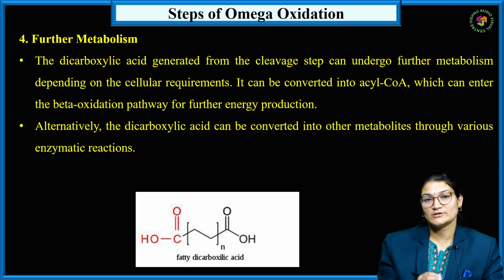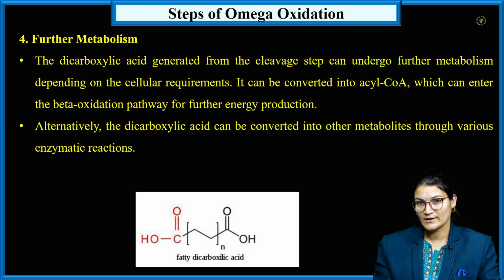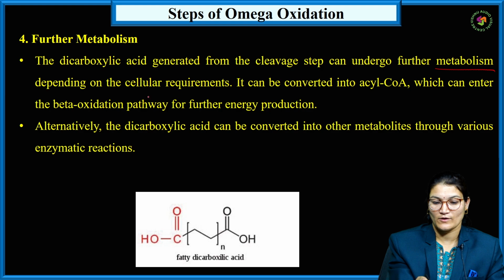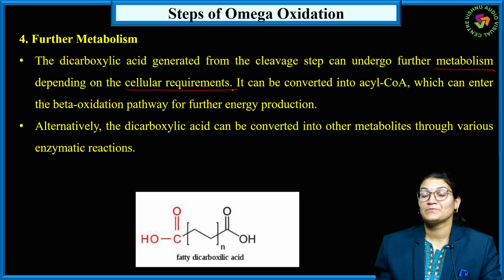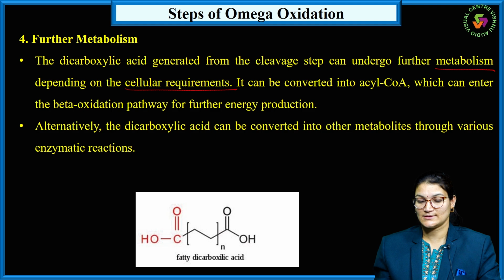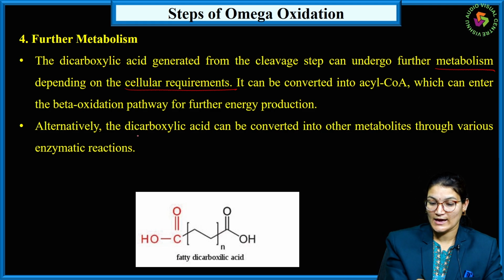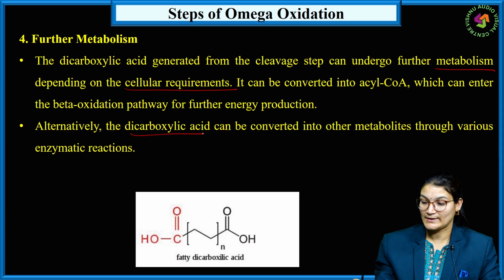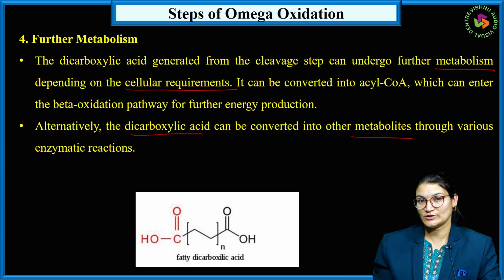And the dicarboxylic acid generated after cleavage of this fatty acid is further used in the metabolism of other cellular requirements, and it is also used as a precursor for many amino acid syntheses. Alternatively, this dicarboxylic acid can also be converted into metabolites through various enzymatic reactions.